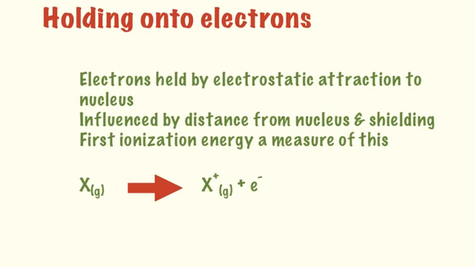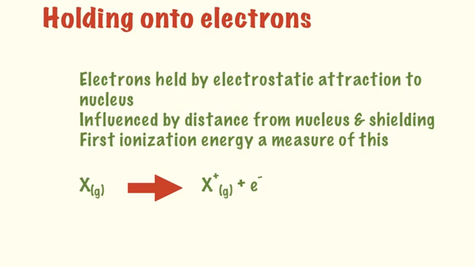The measurement of how easy it is to remove an electron from an atom is referred to as the first ionization energy. This is normally measured in units of kilojoules per mole, and you can find the values for the elements on, I think it's table number 7 or number 8 in your data booklet. It actually gives other information about electrons on that table as well, but more about that later.